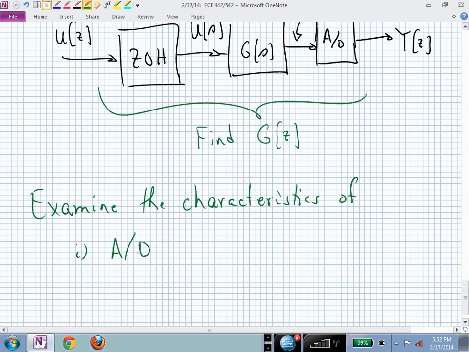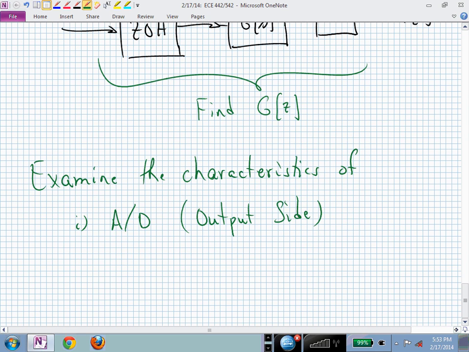of the A to D, the analog to digital. This is on the output side of the plant in this most recently sketched diagram. And let's look at the digital to analog, and we will actually today and probably most of this semester just concentrate on a zero-order hold, and that's on the input side of our plant.